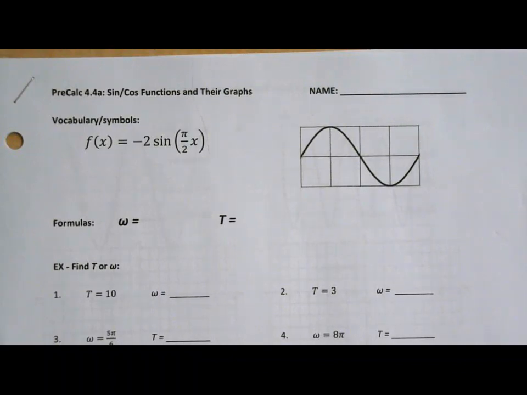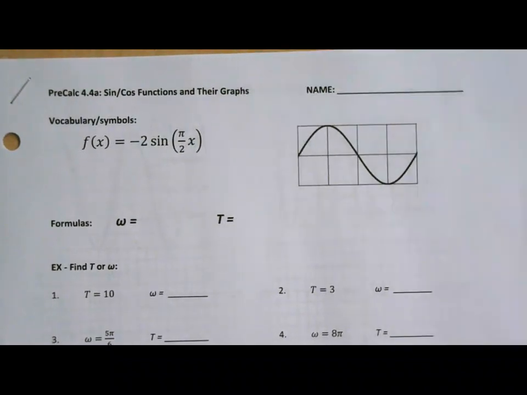So when we do come upon an application, we can visualize what's going on. We're not doing this just as an exercise in can you look at an equation and get it down on the paper. Our graphing calculator can do that for us. But if we understand what these things look like and how the points relate to the function, that's going to help us out when we get to some applications.